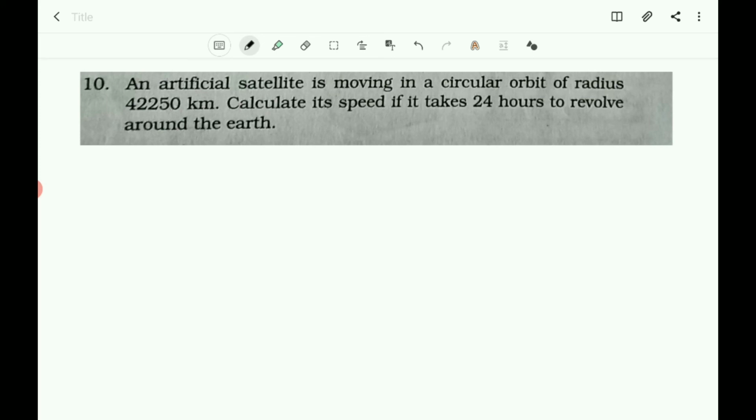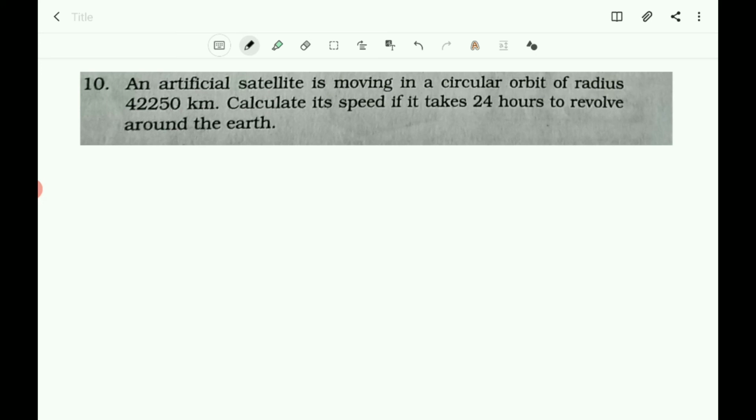So here you know that it is an example for the uniform circular motion, and the radius of the orbit is r equals 42,250 km, and distance covered in one revolution is the perimeter of that orbit, that is 2 pi r.